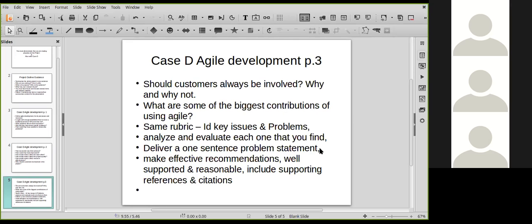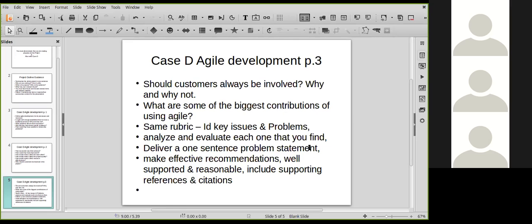A lot of you are still talking about the rubric or the issues and the problems, and then the next thing you know, you're telling me about the solution. You cannot go from identifying problems, issues, and key issues to discussing the solution without specifically identifying a one-sentence problem statement. Put the problem statement in there, okay?